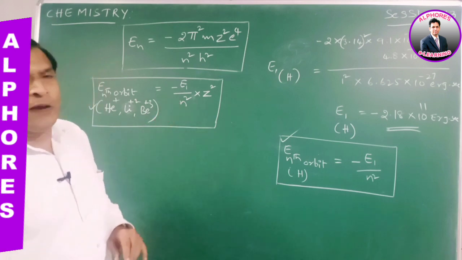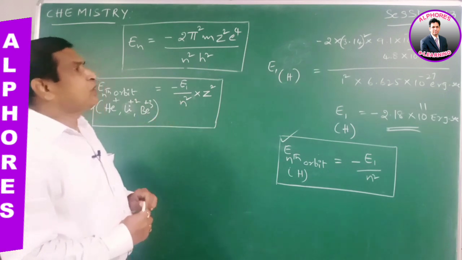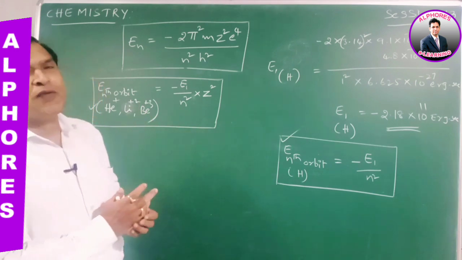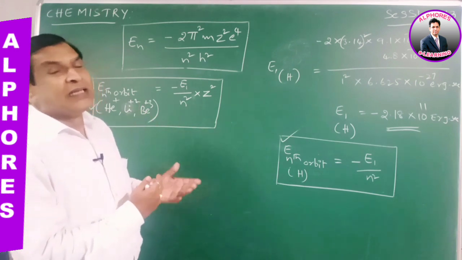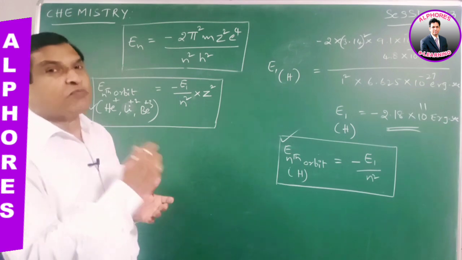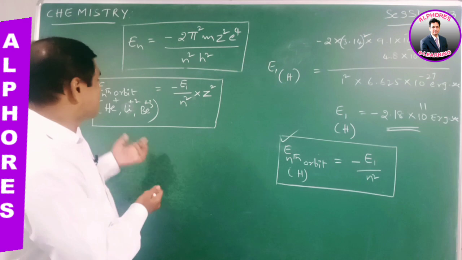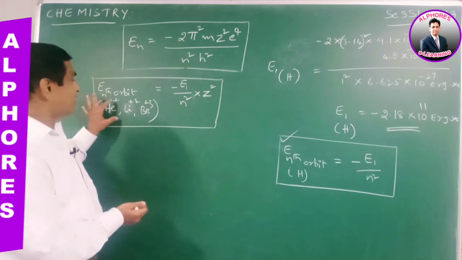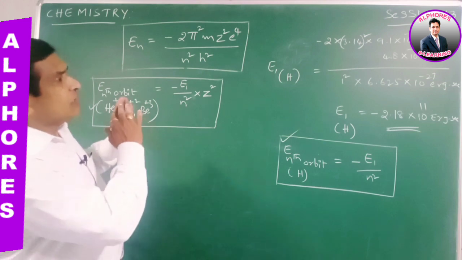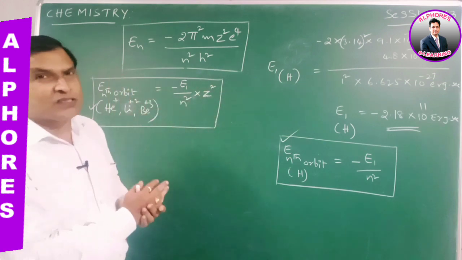These formulas are very important from the objective examination point of view. This is the complete energy of the electron in the nth orbit of species containing one electron, that may be hydrogen atom or species like He plus ion, Li 2 plus or Be 3 plus ions. That completes the calculation of energy.